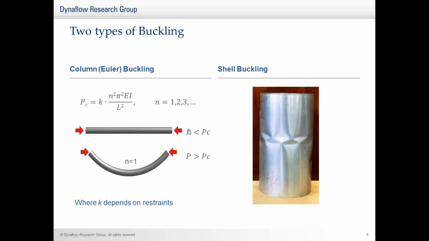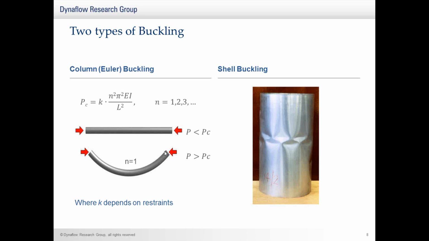When this load P exceeds the critical buckling load, then the first buckling mode will be excited. That is this half sine wave buckling. If the second buckling mode is excited, so when n is equal to 2, then you'll see a complete sine wave, and so on. And you have more and more complicated buckling modes.